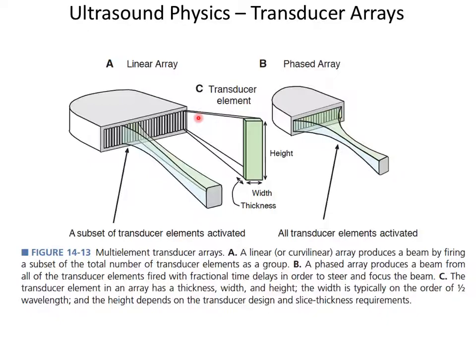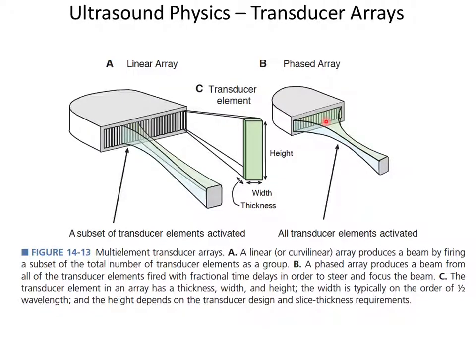And we have a whole set of them of the same width, so this will determine, to a certain extent, spatial resolution in the azimuthal direction. And then the thickness of the transducer is the amplitude that you can vary during transmission and reception.